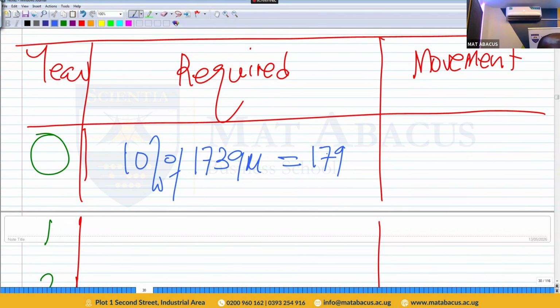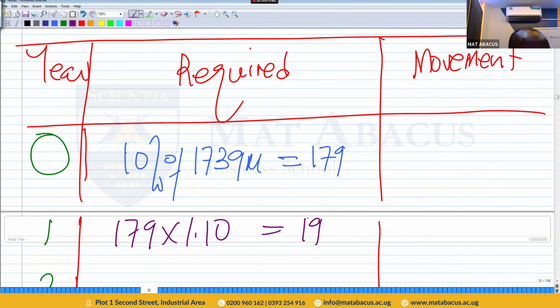Then it will begin increasing by 10% according to that question. So you will have 179 times 1.10. Let me pick my calculator. 179 times 1.1, you will get 196.